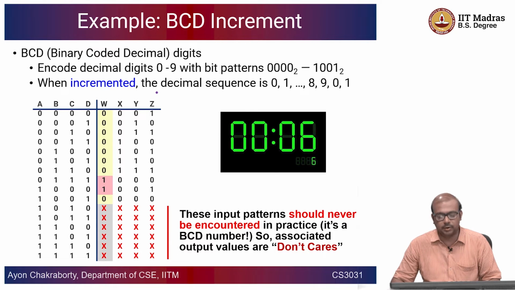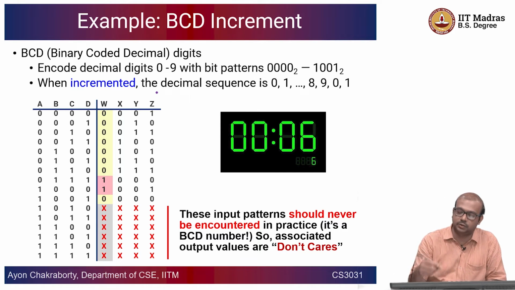If you have 1, it is going to be incremented to 2, but if it is 9, what is 9 going to be incremented to? That is the question. After 9, we cannot have 10 here, because this is just going to be a decimal number. We typically see this in stopwatches and so on. So it is 0 to 9 and then back to 0.